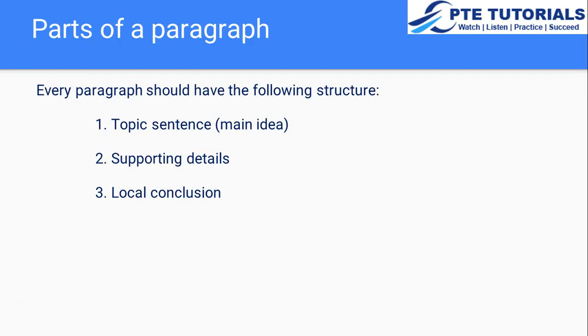There's a topic sentence, which introduces the idea that the paragraph is trying to contribute towards. There are supporting details, which go into the main idea of the paragraph, and then the local conclusion, which wraps up this main idea, and then transitions you into your next paragraph.